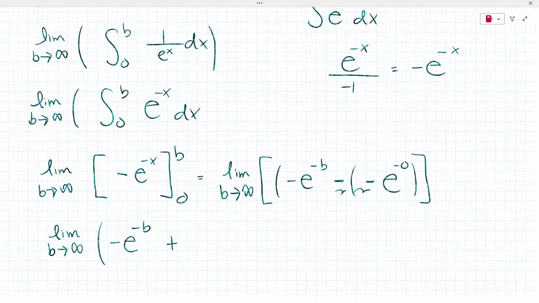So yeah, be careful. We're going to say the limit as b goes to infinity of negative e to the negative b, minus, because there's a minus right here, minus the limit as b goes to infinity of negative e to the 0.